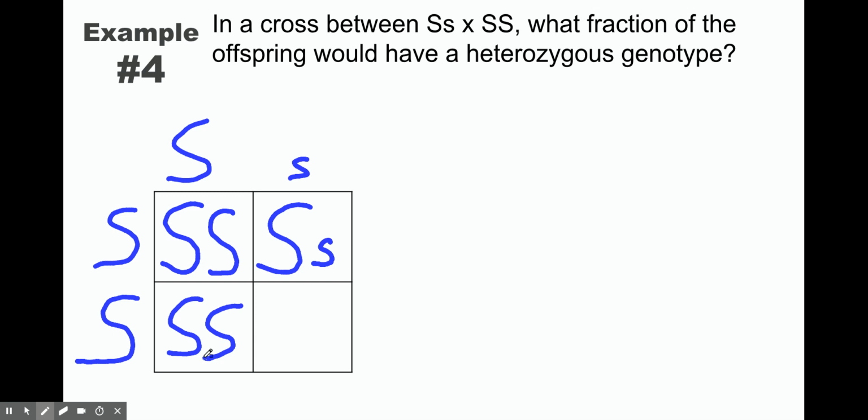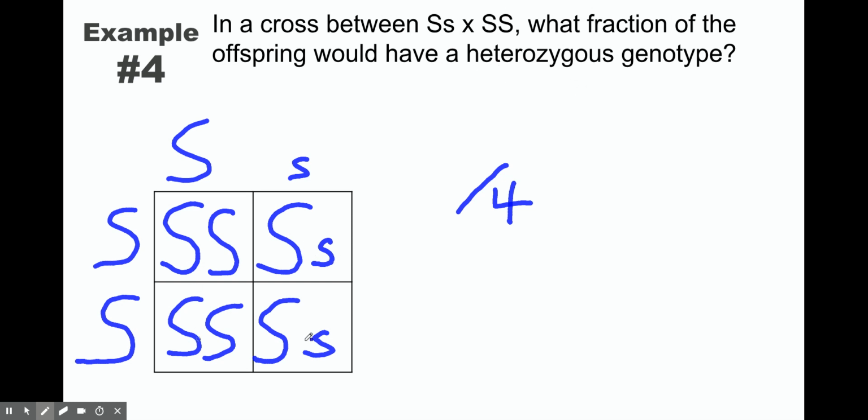And lower right, down a little and over a big. All right. So then we want what fraction of the offspring would have a heterozygous genotype. So we're looking for, if it's a fraction, a number over a number. So total, we have 4 offspring.